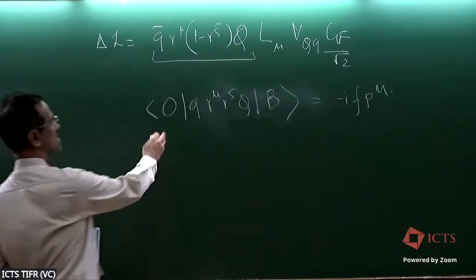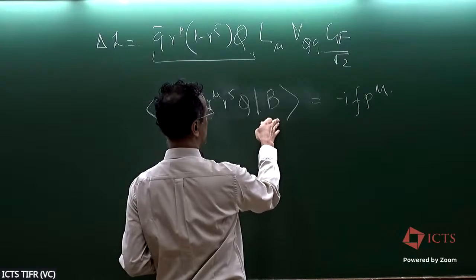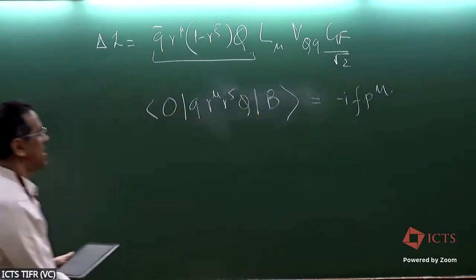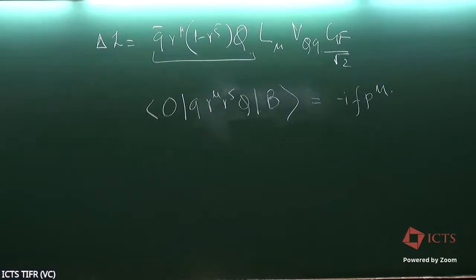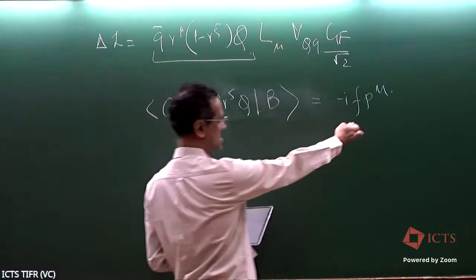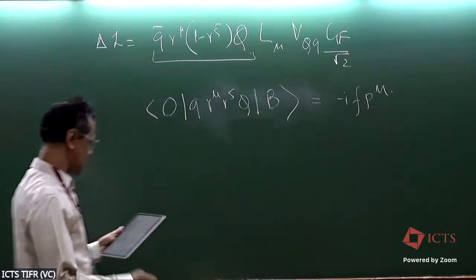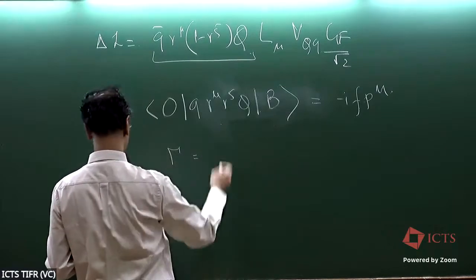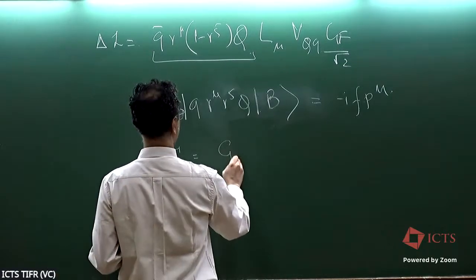A current matrix element in a state will be given by some form factor f, right? And we can understand that this gives you the decay rate. So for example, a decay rate will be given in terms of this matrix element.